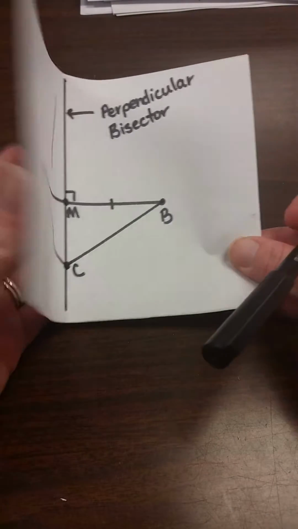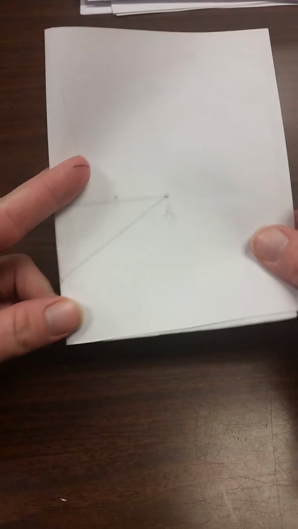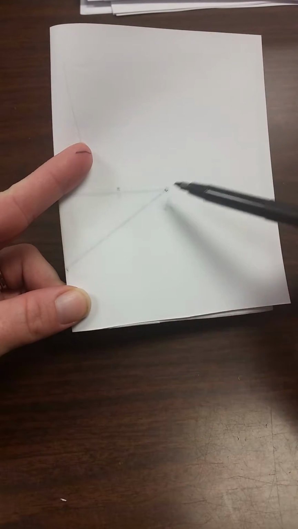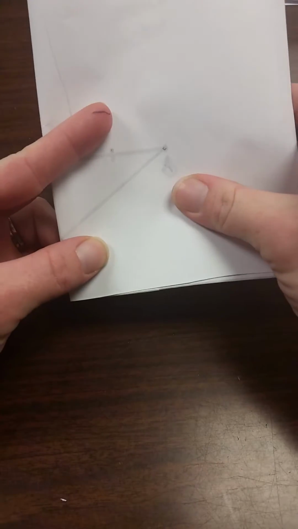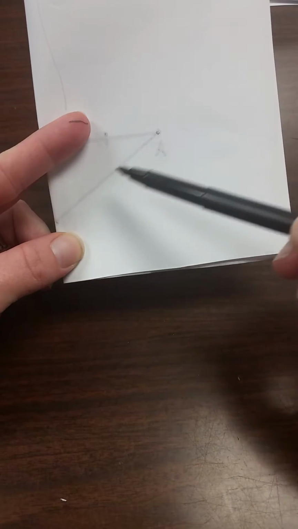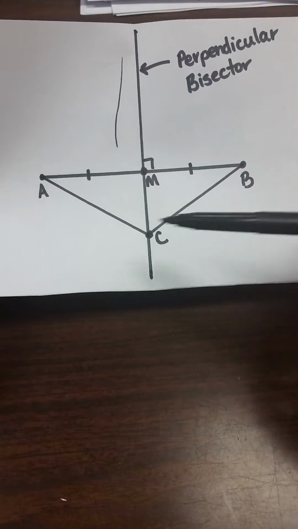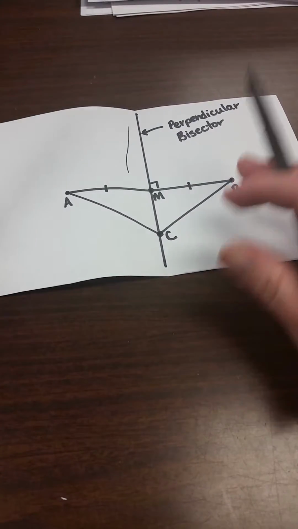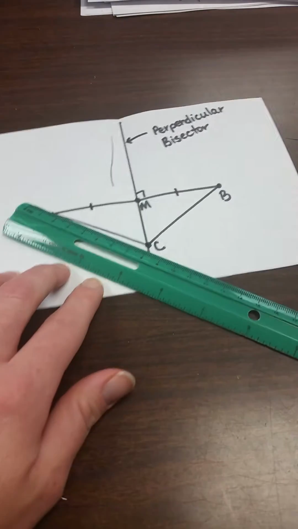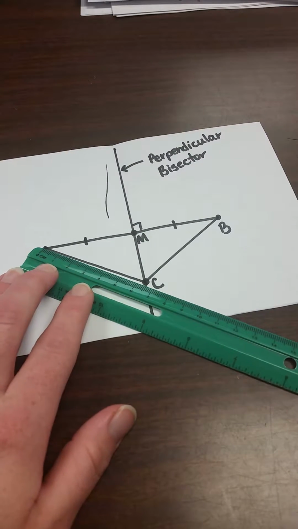I want you to fold it in half, and I want you to look at the segments you just drew. When you fold it in half, do you see how these two segments sit right on top of each other? That's because they're the same length. AC is congruent to CB, and if you want to, take your ruler, and you can measure AC.